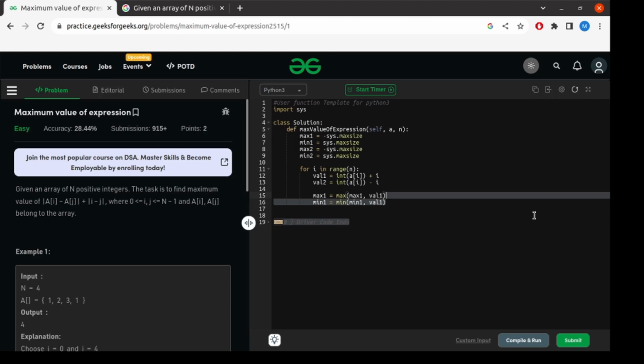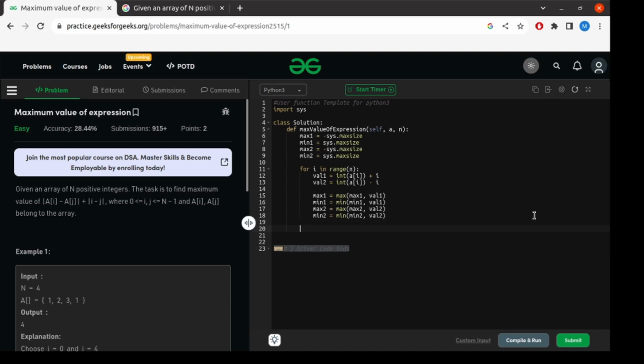Similarly, I'll try to find out the maximum and minimum in operation 2. So this is my operation 2, and I am trying to find the maximum and minimum there. So once this loop ends, I'll have the maximum and the minimum. Those 4 values, max 1, min 1, max 2, min 2, I do have.